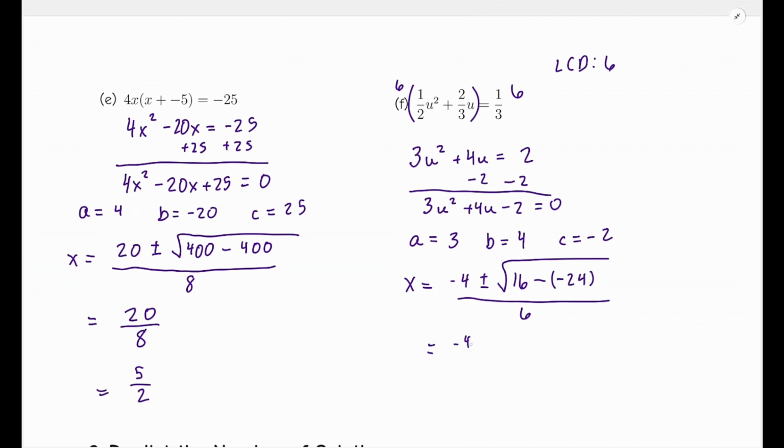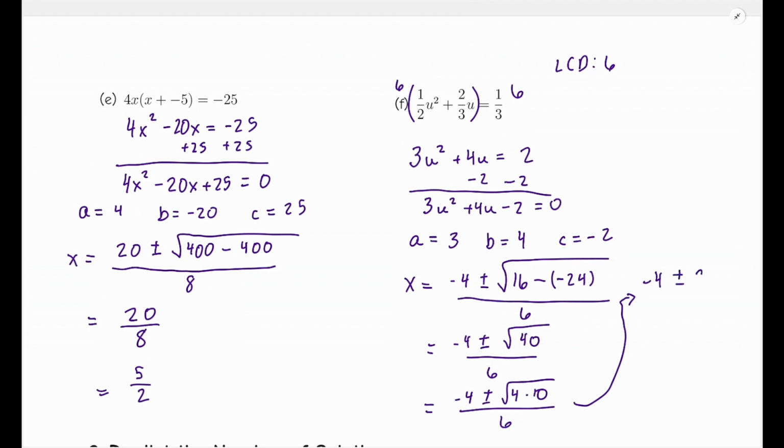So we get negative 4 plus or minus the square root of 40 all over 6, which is negative 4 plus or minus the square root of 4 times 10 all over 6, which is negative 4 plus or minus 2 square root of 10 all over 6, which is negative 2 plus or minus 1 square root of 10 all over 3.